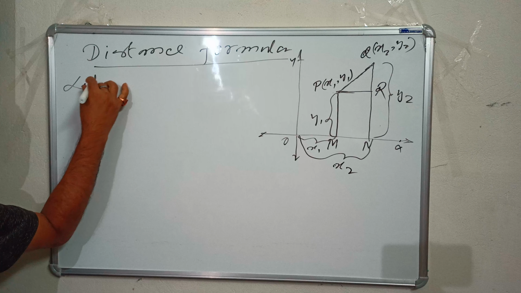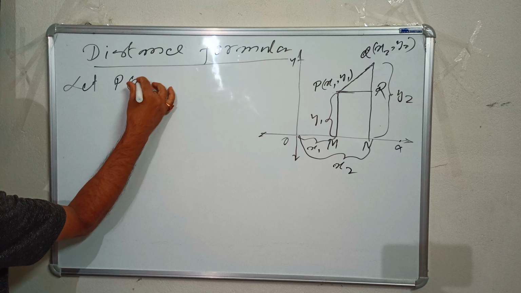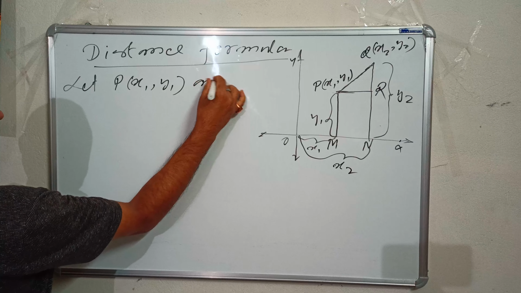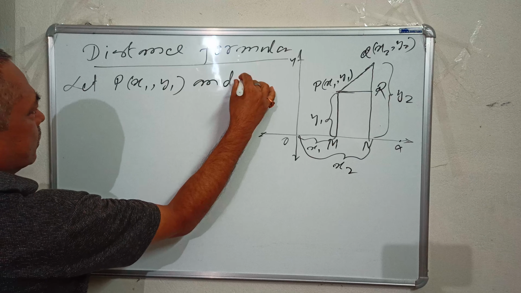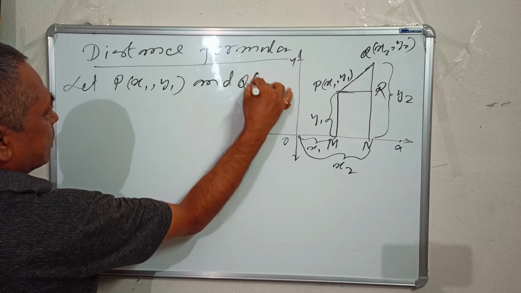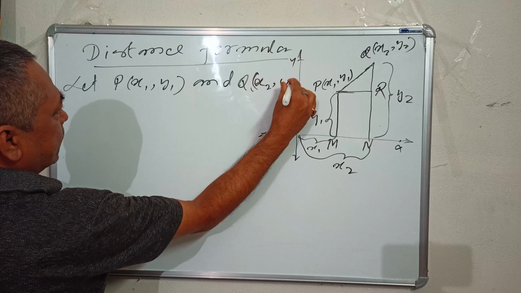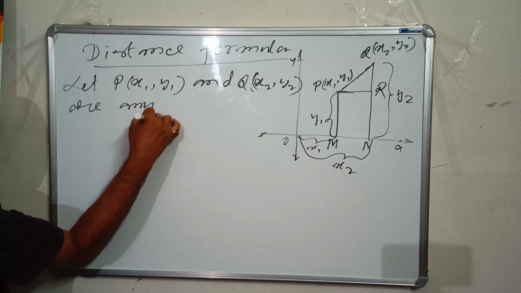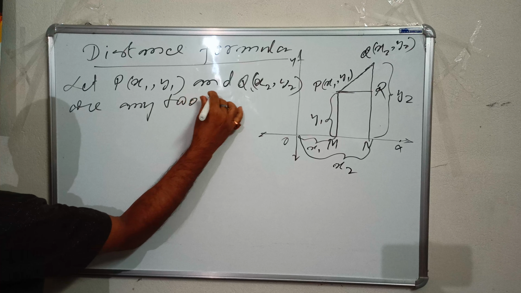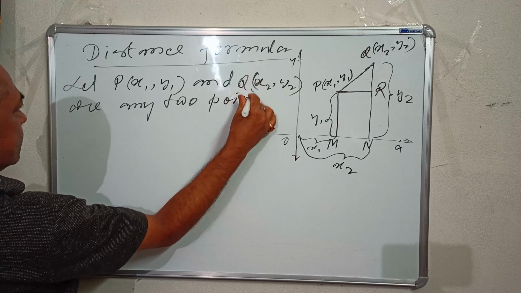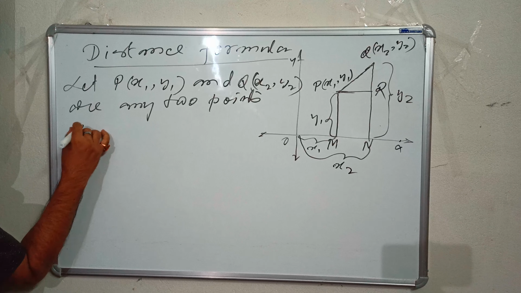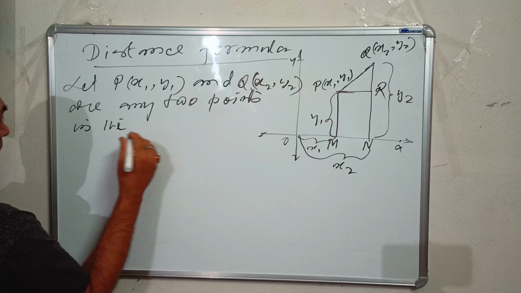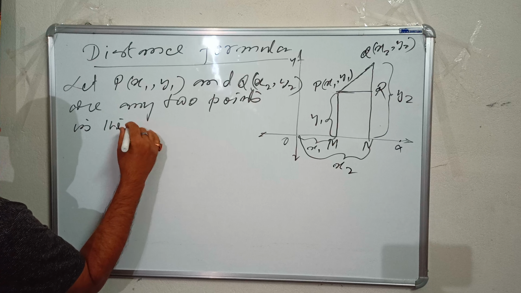Let P(x1, y1) and Q(x2, y2) be any two points in this Cartesian coordinate plane.